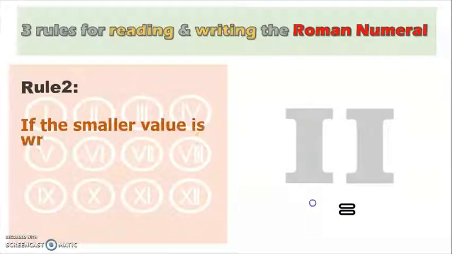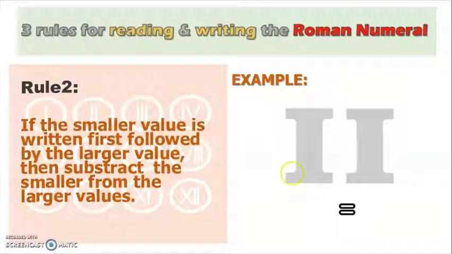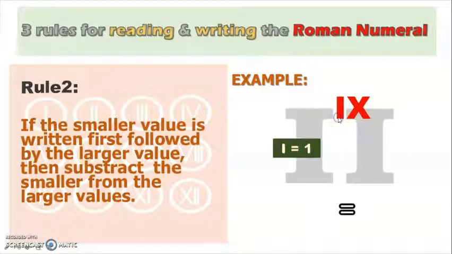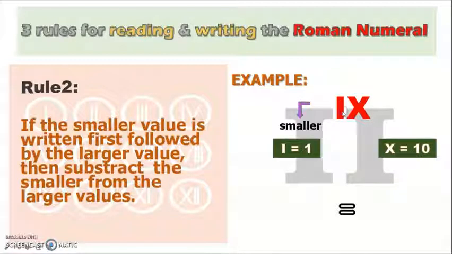If the smaller value is written first followed by the larger value, then do the opposite of rule number 1. Instead of adding, subtract the smaller from the larger value. For example, I and X. I is equal to 1 and X is equal to 10. Observe that the 1, which is the smaller, is written first, followed by the larger value 10.